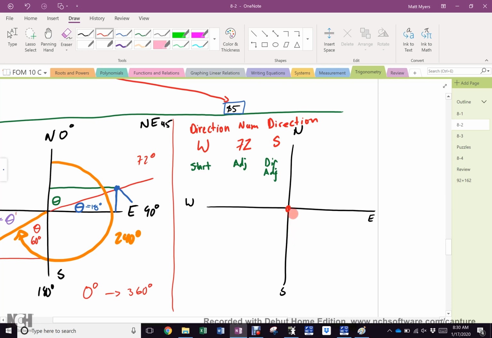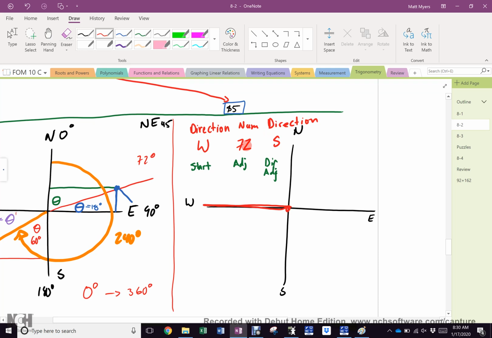Every time we turn or make a direction change, we are back to this starting point. Now, what direction is straight west on this drawing? 270, straight left, right? Forget the 270. This way would be west. Agreed? Did I walk west?